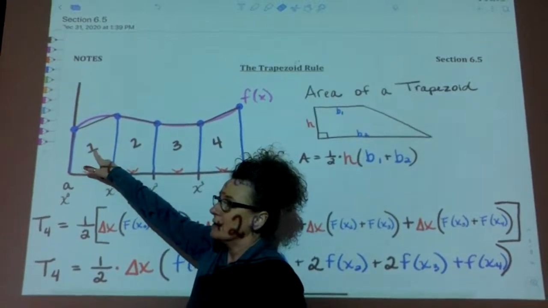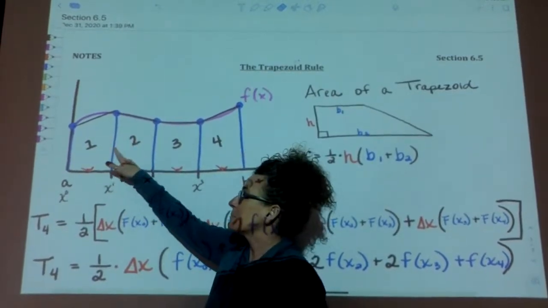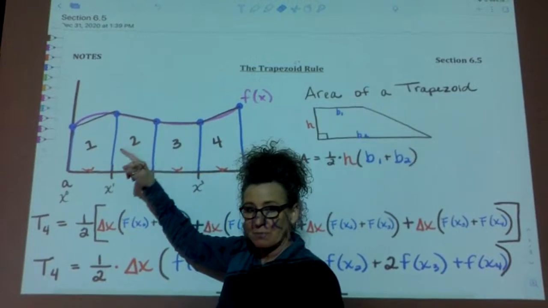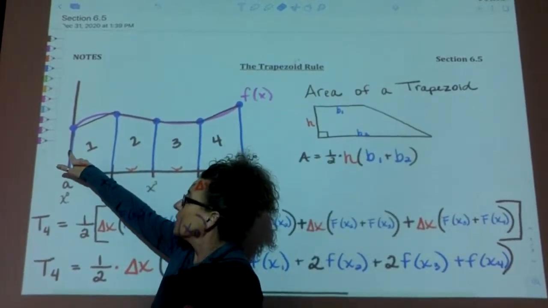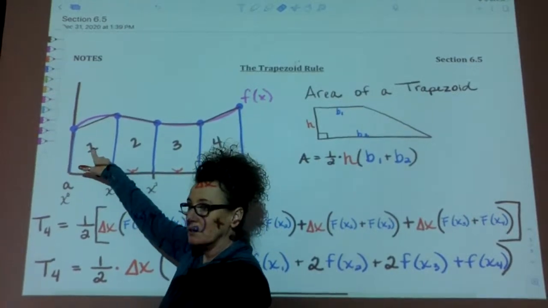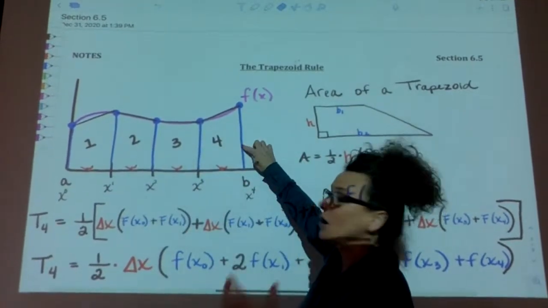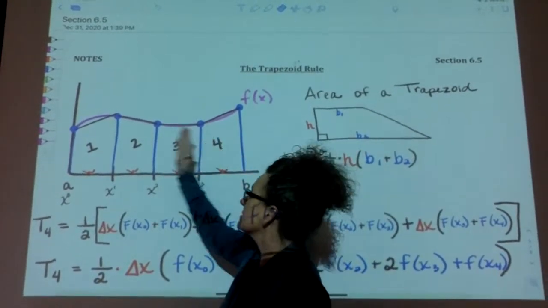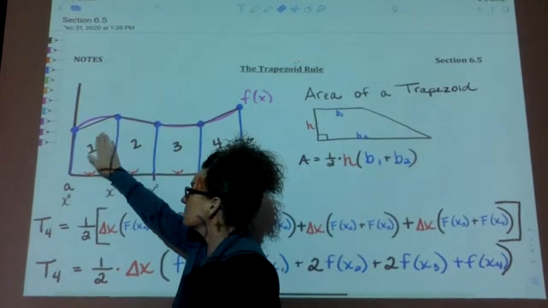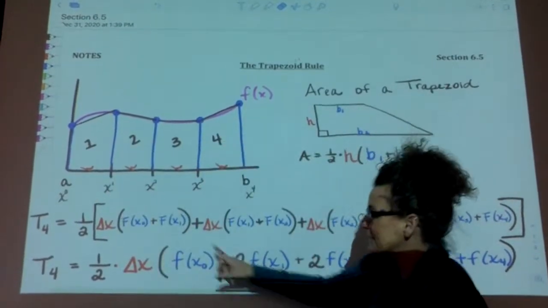B2 for trapezoid 1 is the same as B1 for trapezoid 2. This one, however, is used only for trapezoid 1. This one is only used for trapezoid 4. But this one is a shared base, this one is a shared base, this one is a shared base. And you can see them repeated down here.